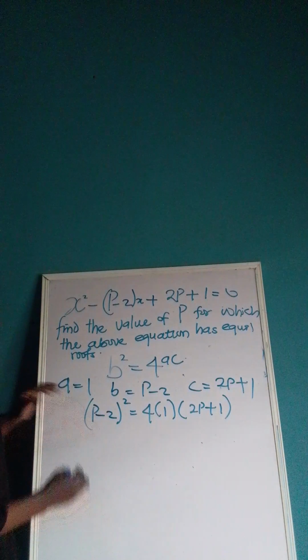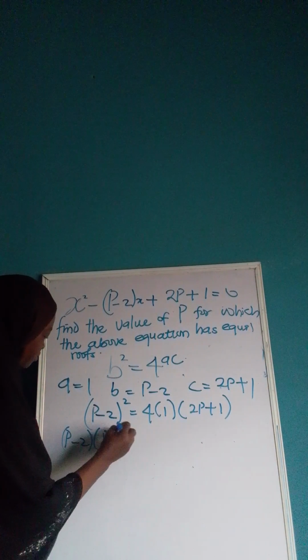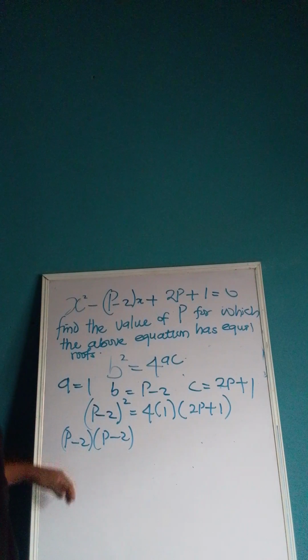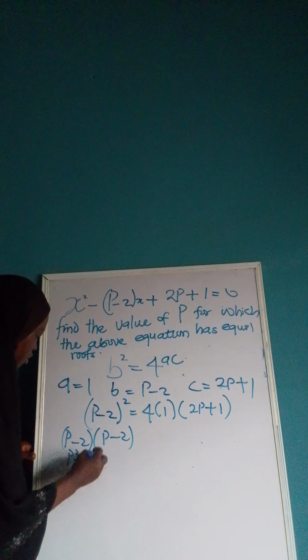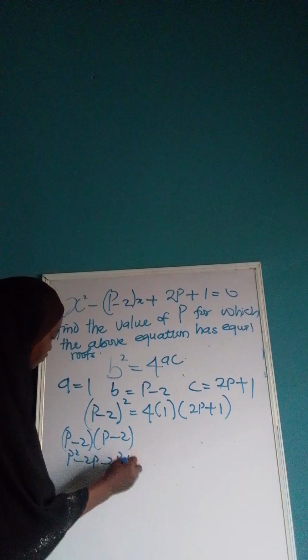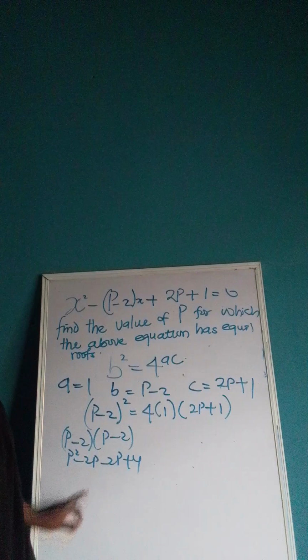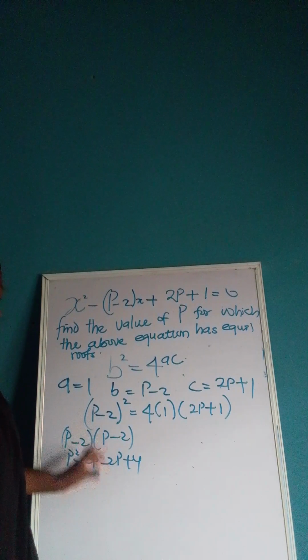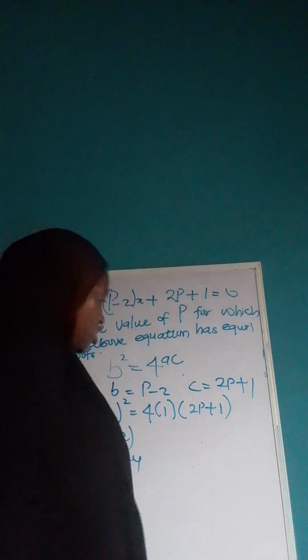Let's expand (p minus 2) squared. It gives us p squared minus 2p minus 2p plus 4. It's not difficult: p times p is p squared, then minus 2p and minus 2p, and minus 2 times minus 2 gives plus 4.